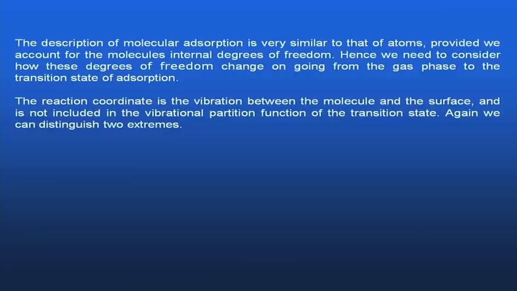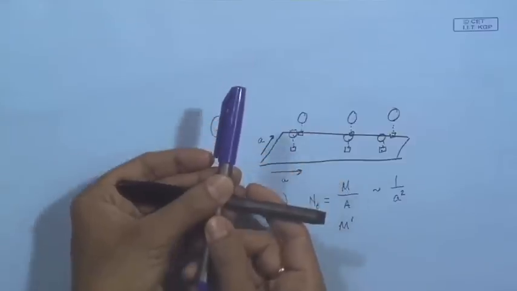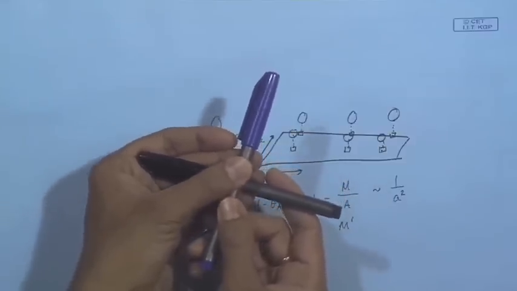Okay. So, the reaction coordinate is the vibration between the molecule and the surface. Say this is your molecule, and this is your reaction coordinate. If this is your surface, then this is your reaction coordinate like this. Okay.